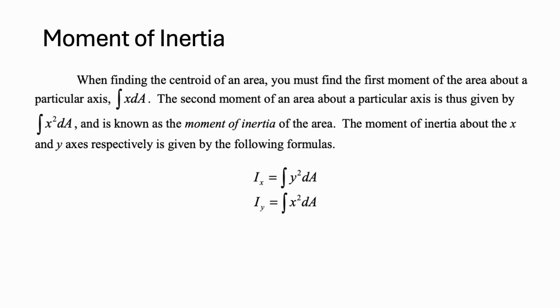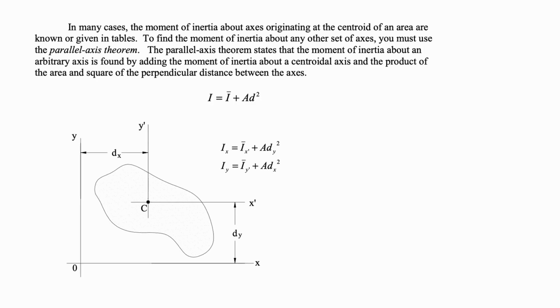So the moment of inertia about the x and y axis respectively is given by the following formulas. We have Ix to be integral of y squared dA, and we have Iy to be integral of x squared dA.